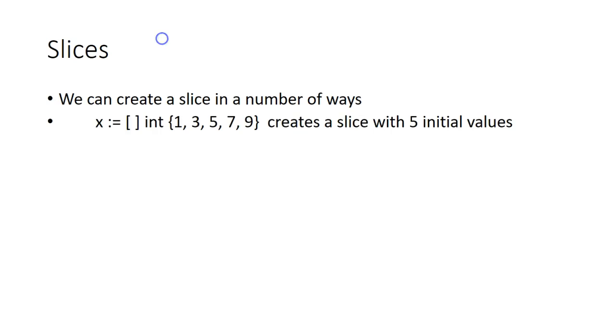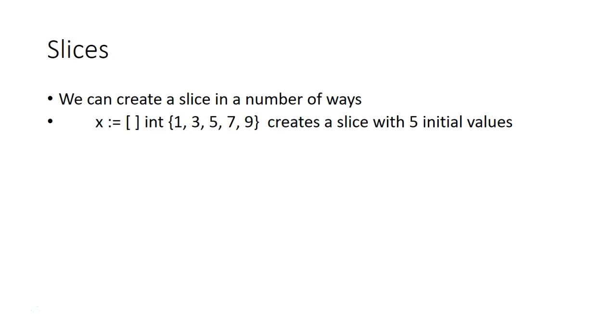Okay, let's move to slices. I said I don't want to spend much time with arrays because we're not going to use arrays that much, but arrays are part of every slice. Slices can be created in a whole bunch of ways, and you need to know all of them, unfortunately. So here we go. The first way is to list the initial elements of a slice, and that's what this does.